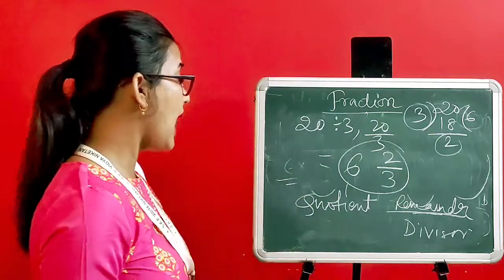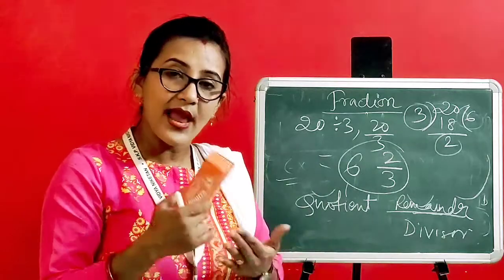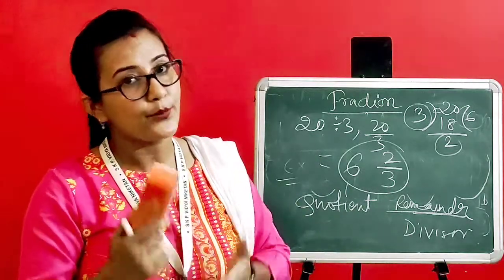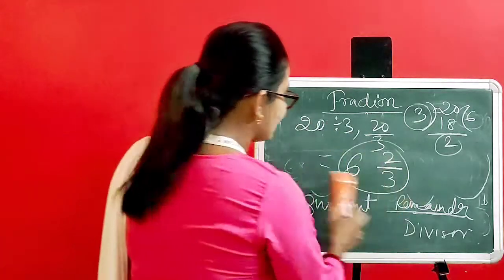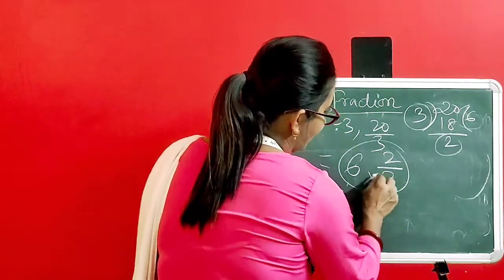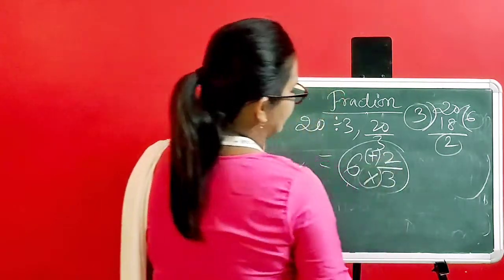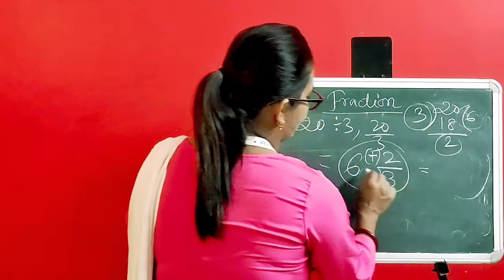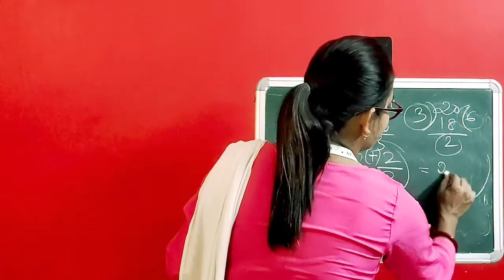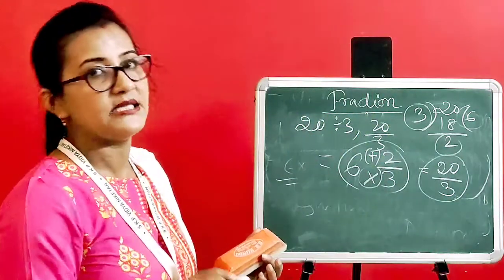Okay. Now the next part is: when a mixed fraction is provided to you, how will you convert it into an improper fraction? Simply, there will be multiplication between the whole number and denominator, and after adding, 3 sixes are 18 plus 2 is 20, then divided by 3. For this also there is a formula.